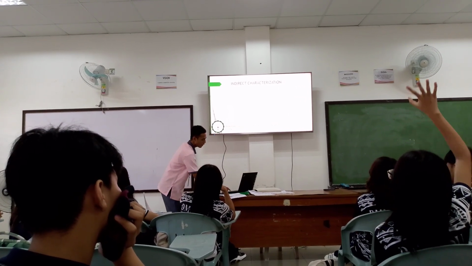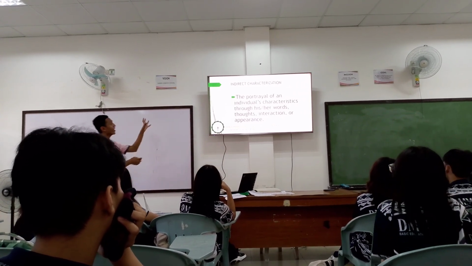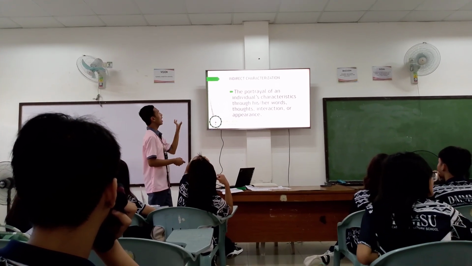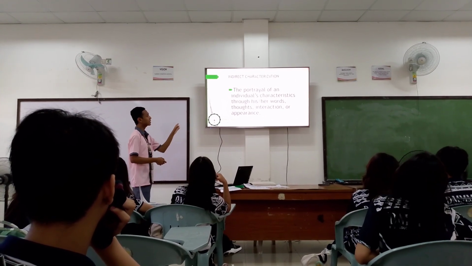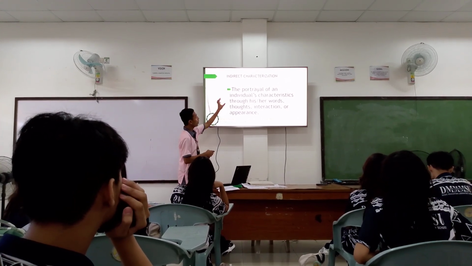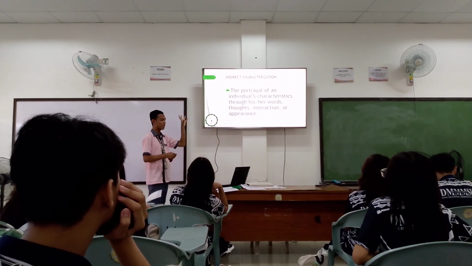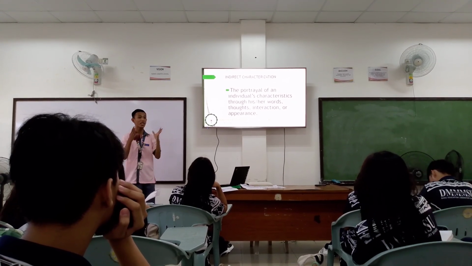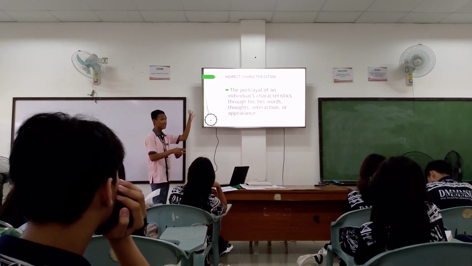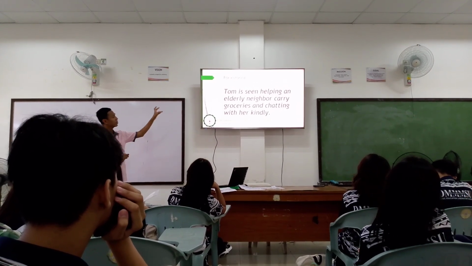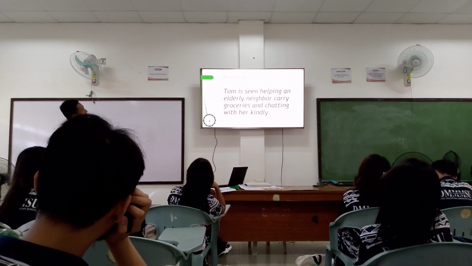Okay, so when we say indirect characterization, the portrayal of individuals' characteristics through his words, thoughts, interaction, or appearance. Always remember when we say indirect characterization, it is with the interaction or physical appearance with different characters. So let us look at the example.